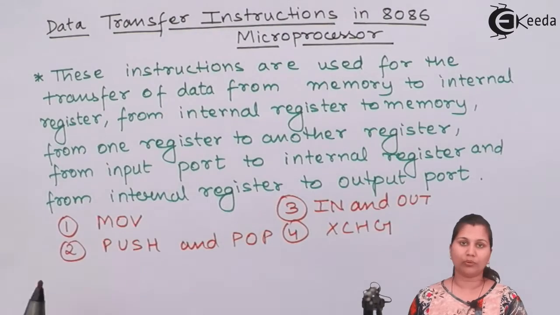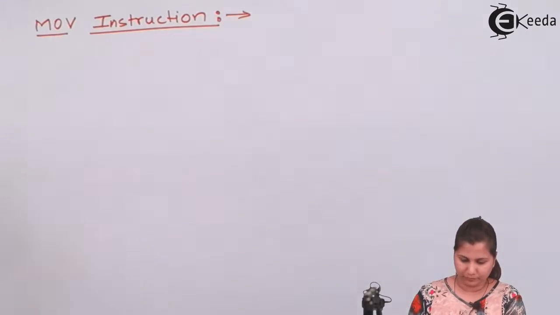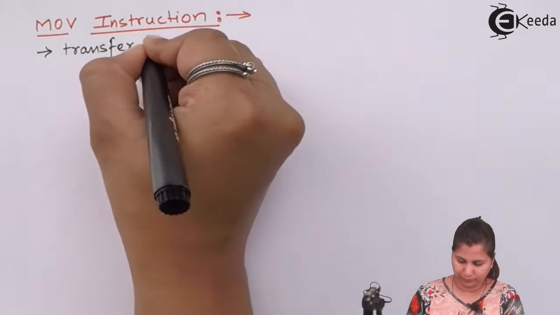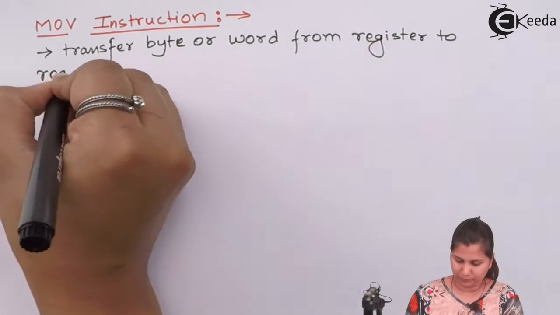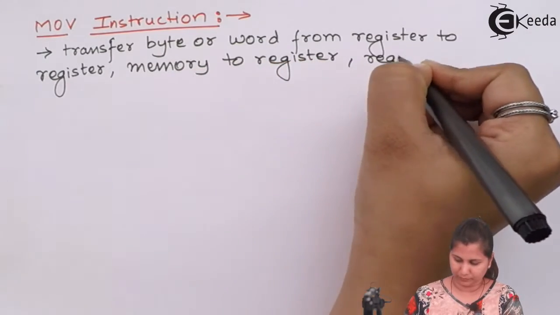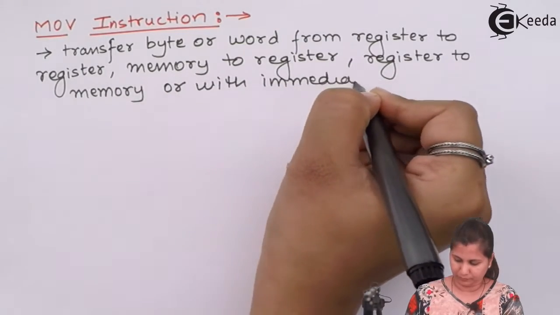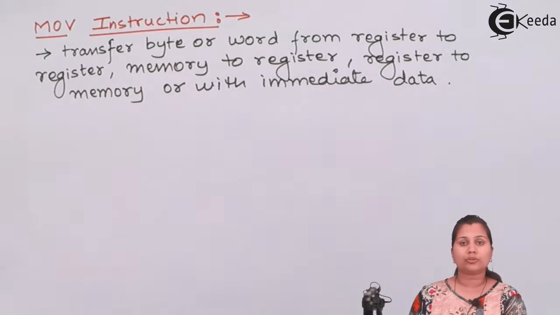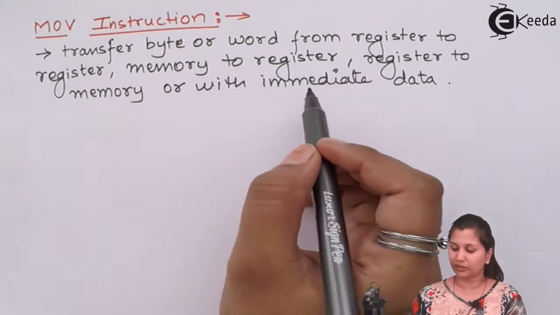First we will start with the move instruction. This move instruction is used to transfer the data between register to register, from memory to the register, from register to a memory location, or with the immediate data.